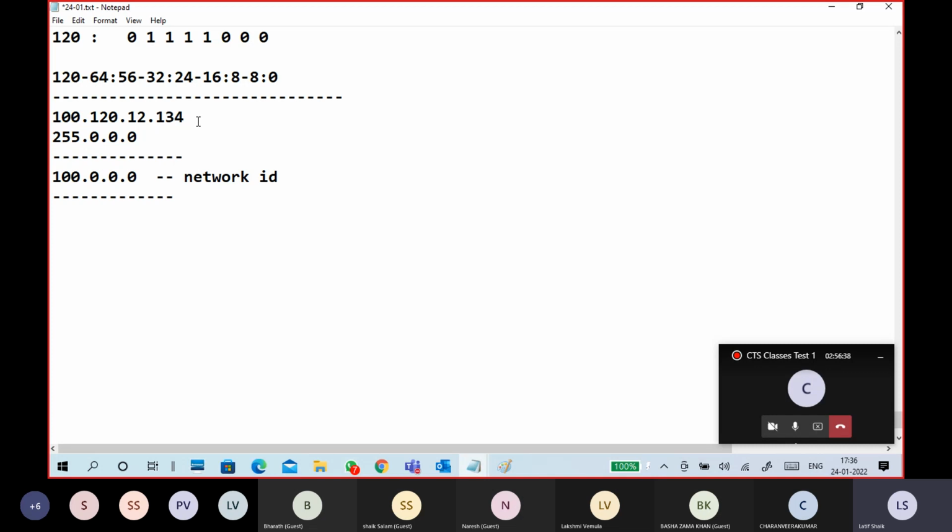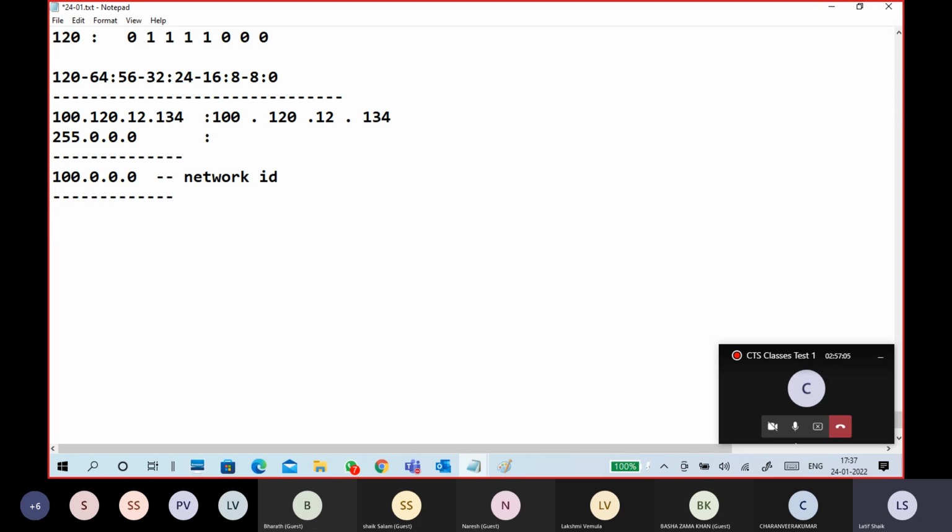If you convert it into binary, 100 in binary, next one is 120 in binary, 12 in binary, 134 in binary. We are not converting here, just for example.